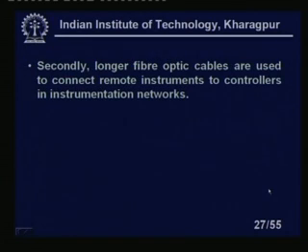Secondly, longer fiber optic cables are used to connect remote instruments to controllers in instrumentation networks, because ultimately that signal is to be transmitted to the controllers. Electrical transmission has a lot of problems, so we can switch to fiber optics.